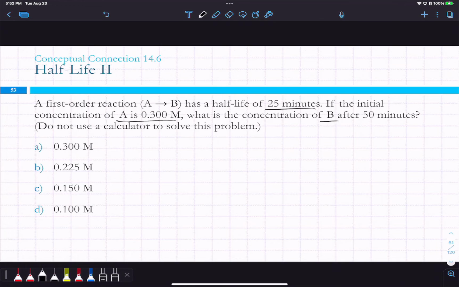What's the concentration of B? So if the first half-life, we got A here, B here. After one half-life, it's going to be 0.15 molar. How about after a second half-life?